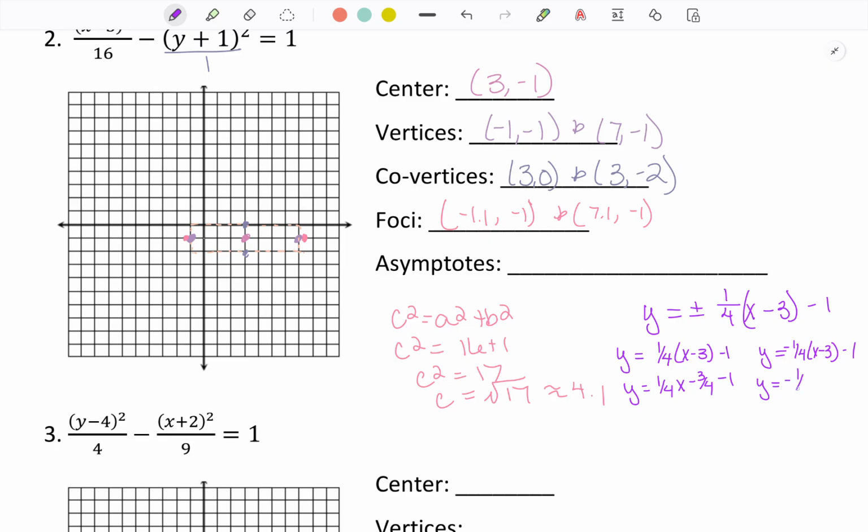Y equals negative 1 over 4x plus 3 over 4 minus 1. And so that minus 1 is going to be 4 over 4. So y equals 1/4 x minus 7 over 4. Y equals negative 1/4 x. And then 3/4 minus 1/4 is a negative 1/4.